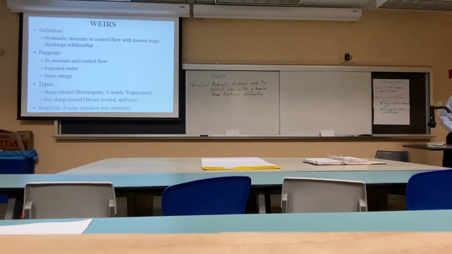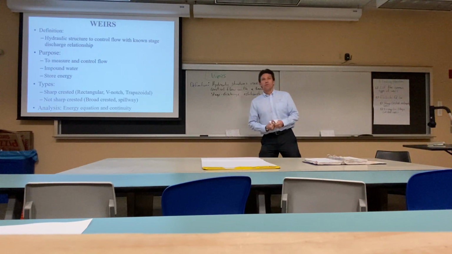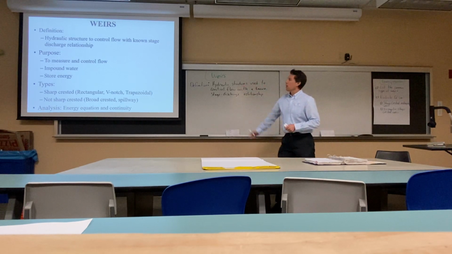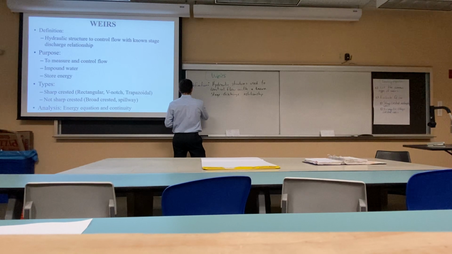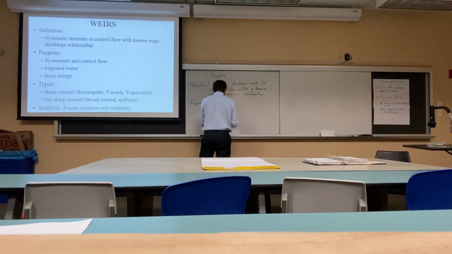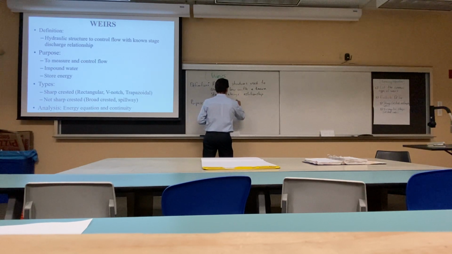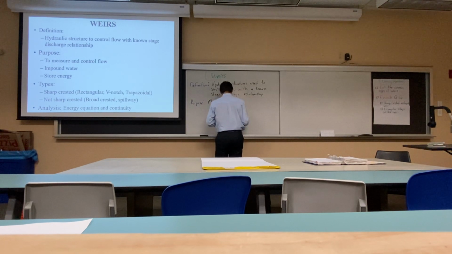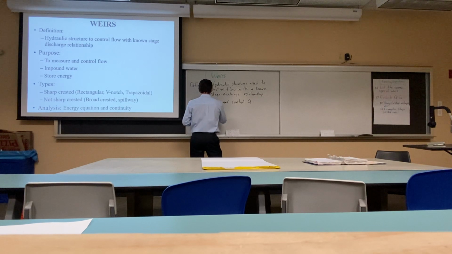Okay? And the purpose of these control structures is to measure and control flow, to impound water, and to store energy. So I'm going to put these up on the board as well because they definitely need to be in your notes so that you understand why they are important. So essentially the purpose is to measure and control our flow rate, also to impound water.